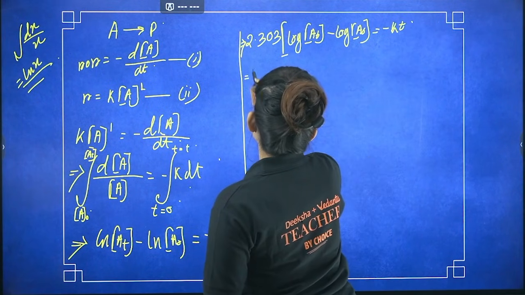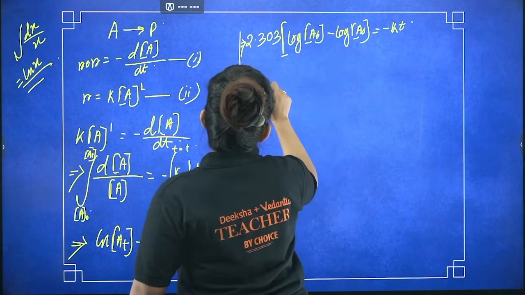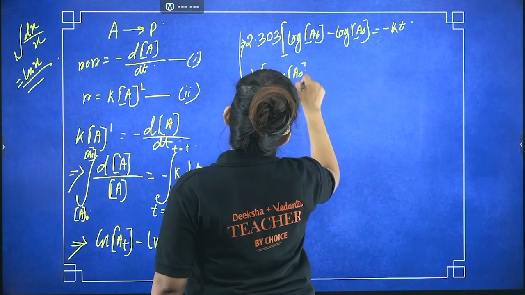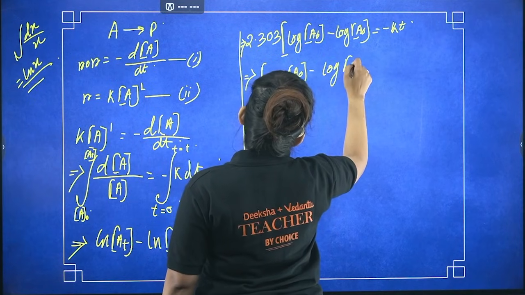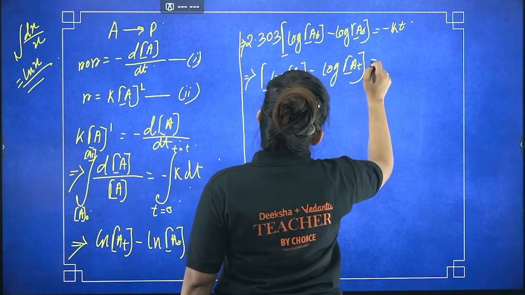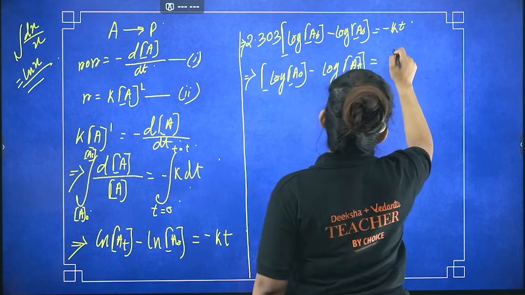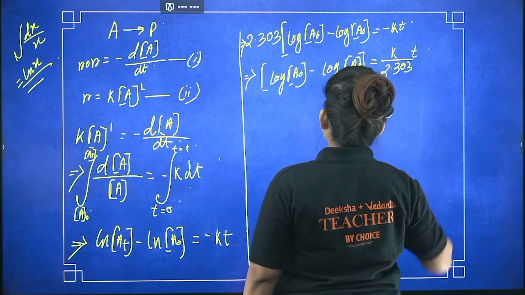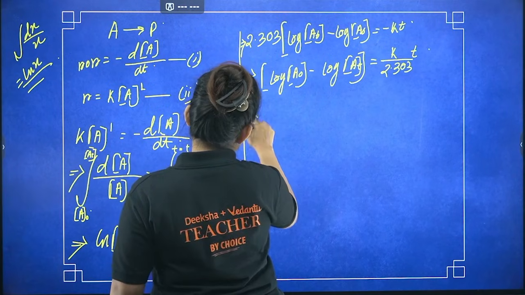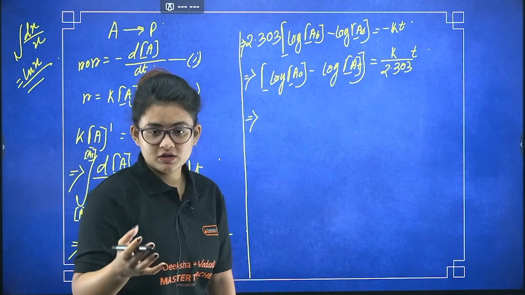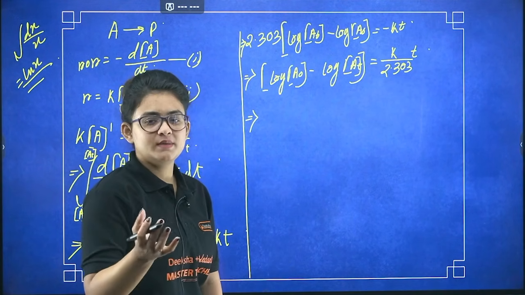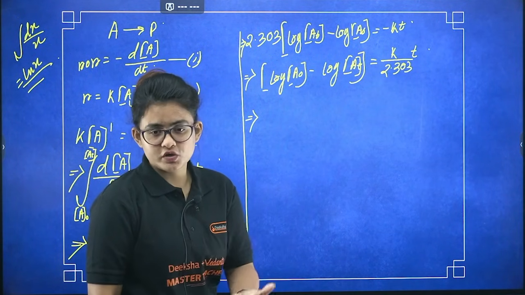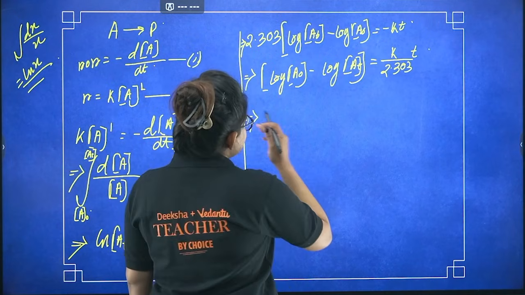I can simply change the sign a little. Here it will be log of A0 minus log of At equals K by 2.303 times t. I am coming up with a straight line equation, y equals mx plus c. To that form I am coming, and then I will come back to that mathematical form, which will help you solve the numericals.